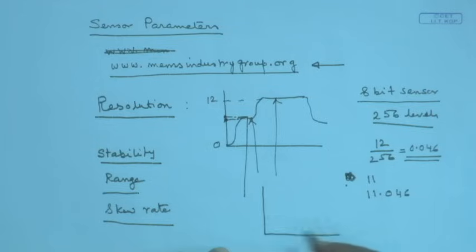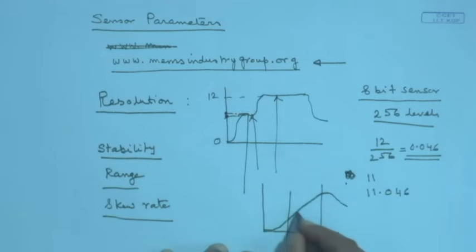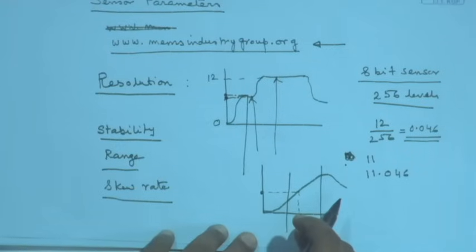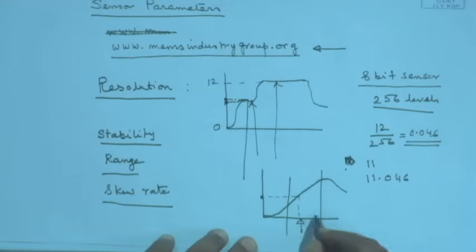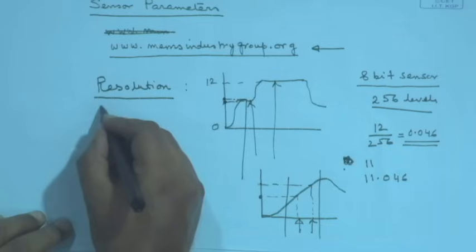We always prefer a linear range. If something is linear, then I would rather operate in that linear range, where this is my physical signal and the output that I get from the sensor is linearly related to the physical parameter, right. So, we also have to check for linearity.